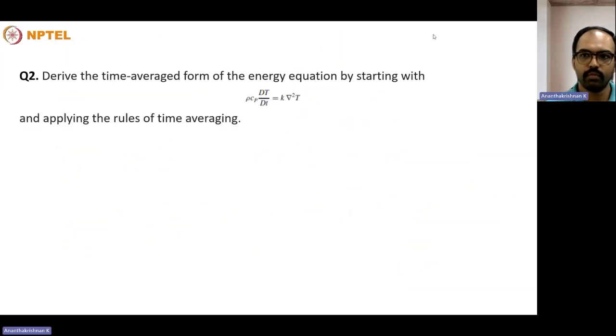Look into the second problem. We need to derive the time average form of the energy equation by starting from the energy equation and applying the rules of time averaging that we have seen in the previous question. Just look into it and start it. In fact, I'll also start within a couple of minutes.